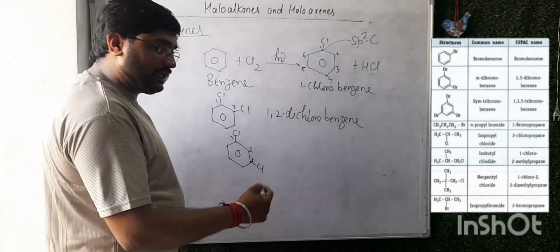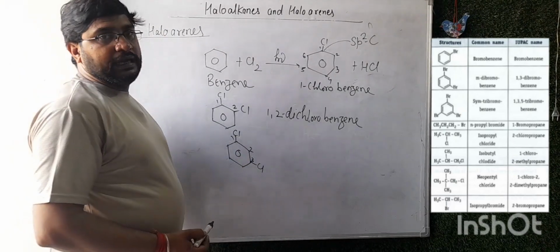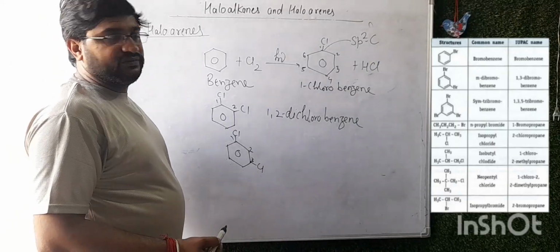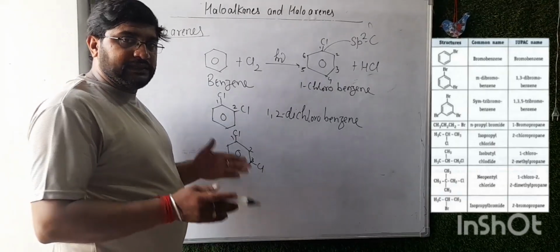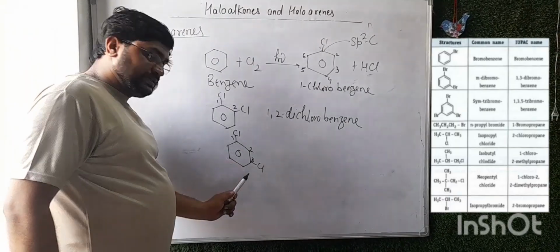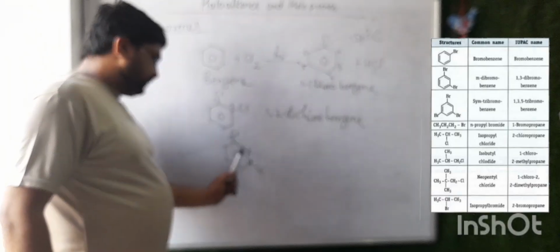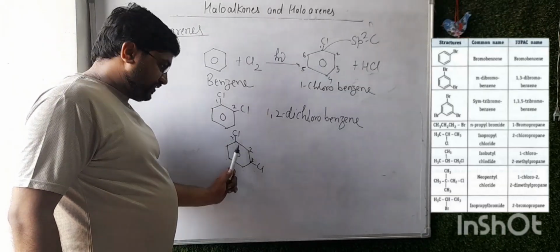When we come anti-clockwise, this is 1, 2, 3, 4, this is the fifth position, and according to IUPAC it is wrong. We give the lowest number to the functional group, multiple bond, and the side chain or the substituent. So from the clockwise side the naming is correct, that is 1, 2 and 3.